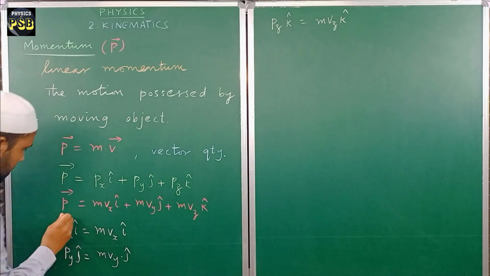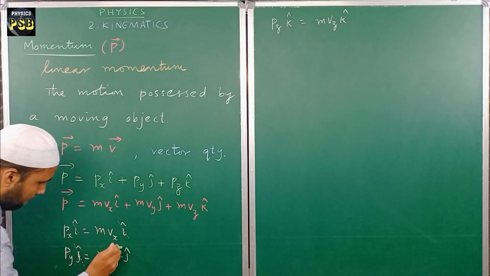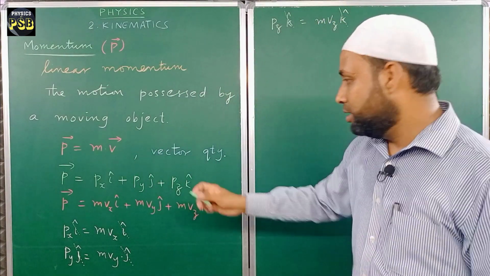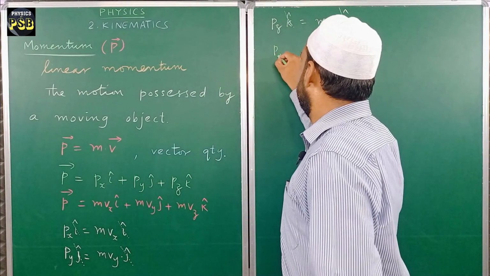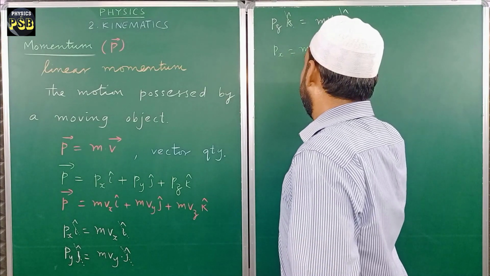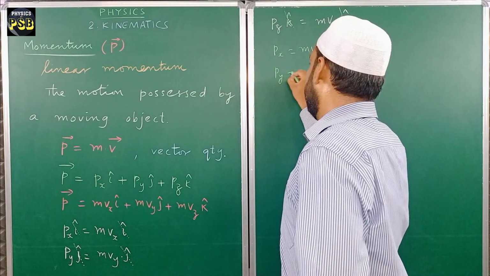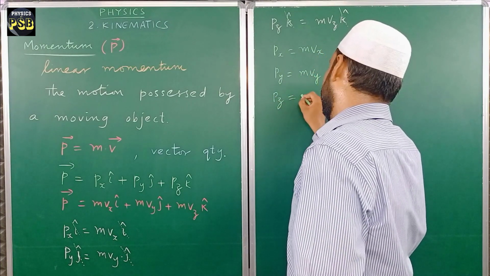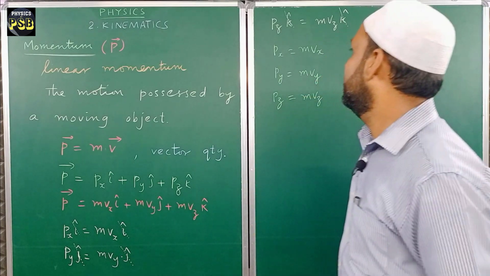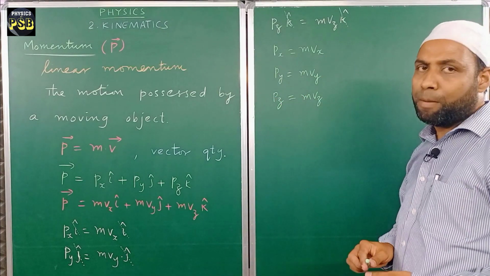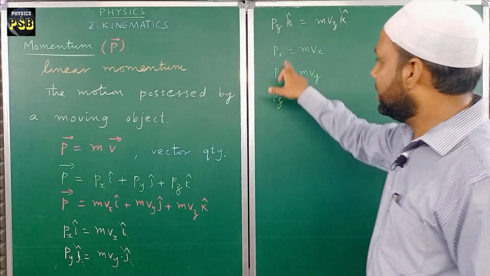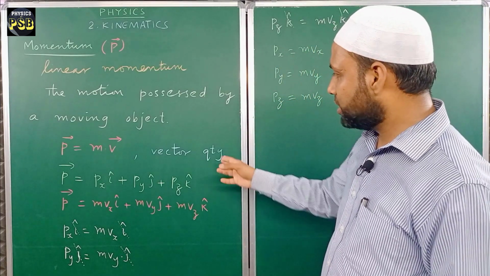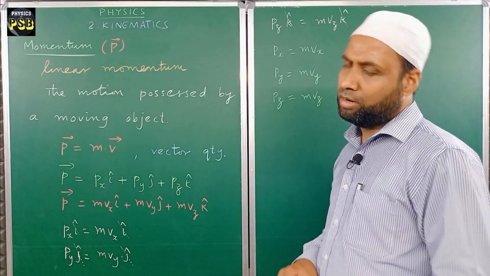If you remove the similar terms, you will get Px equals m vx, Py equals m vy, and Pz equals m vz. So these are all the components of momentum along the x, y, and z axes. I told you it is a vector quantity, so it possesses a direction.